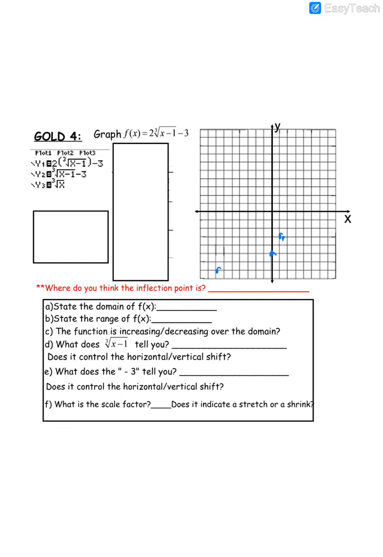Then I have 2, -1. I'm going to scroll down a little bit. 9, 1. 1, 2, 3, 4, 5, 6, 7, 8, 9. I'm going to stick it in there anyway, even though it really doesn't get there, but it's going to help me graph this a little bit better. So I am going to connect.